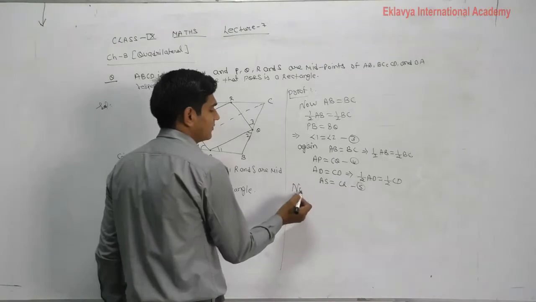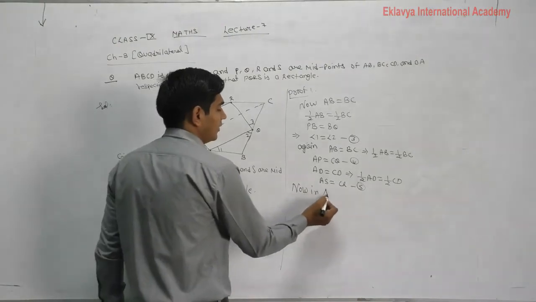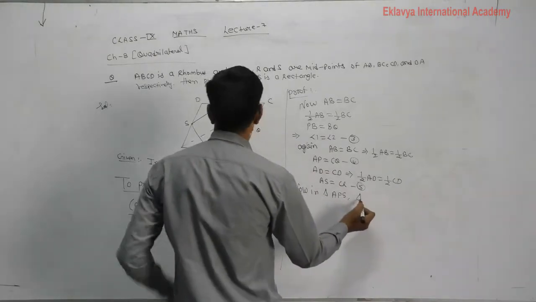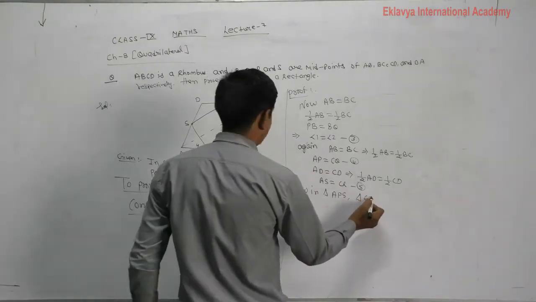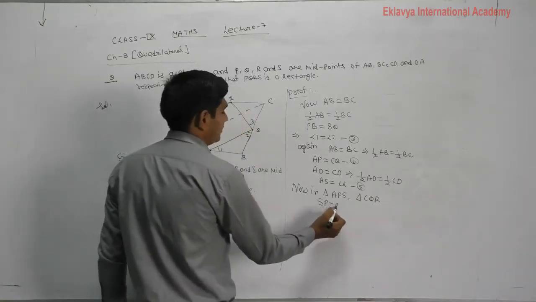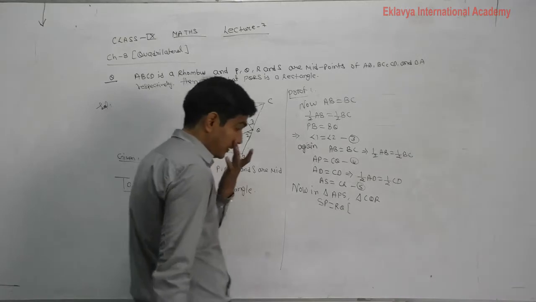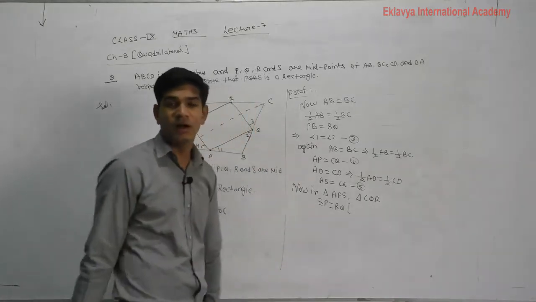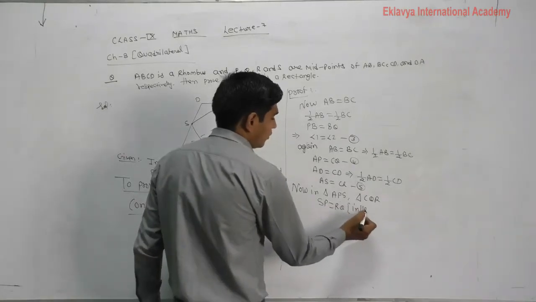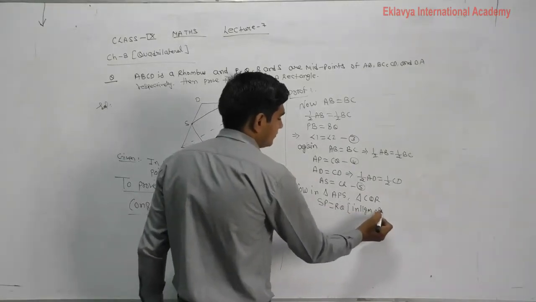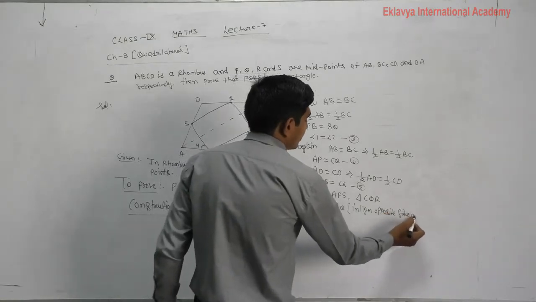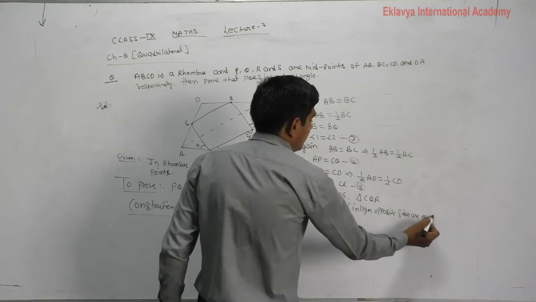Now in triangle APS and second triangle CQR, SP is equal to RQ. Reason, in parallelogram opposite sides are equal.